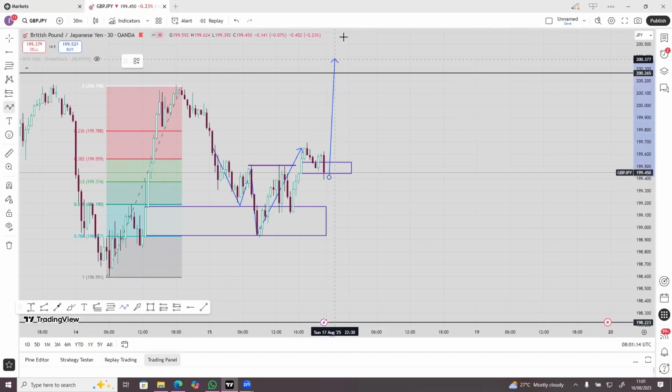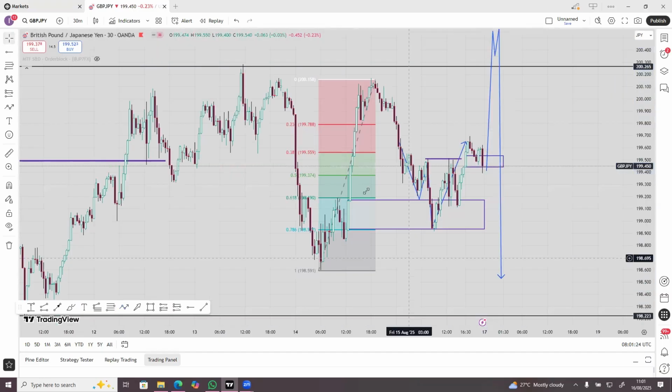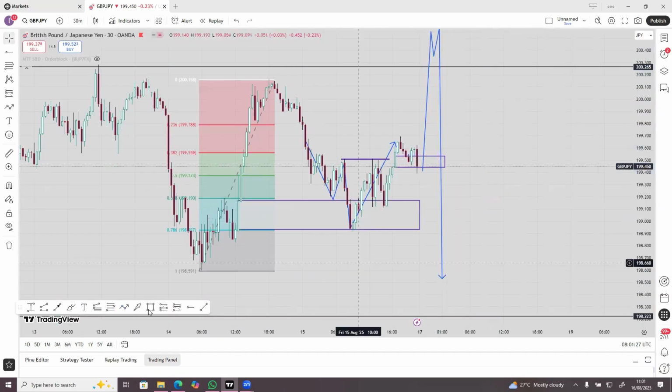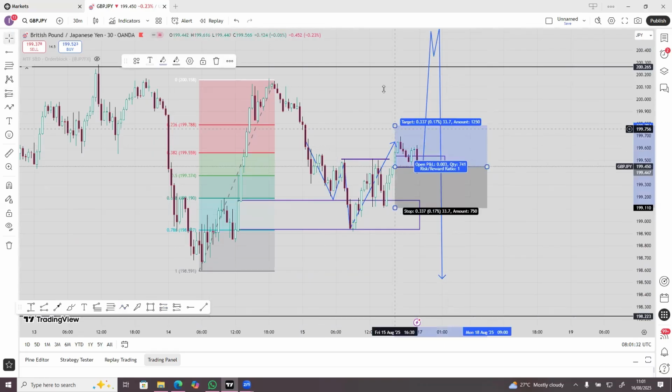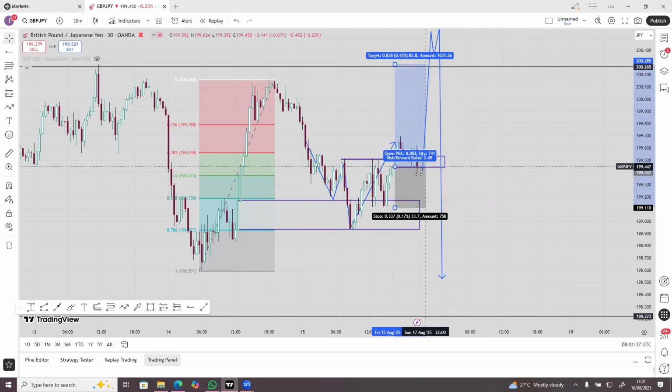Then after that we can find a reversal pattern to sell to the discount zone on the weekly. So this will be a clear movement on Monday. So we'll enter from here, and then our target will be that brown liquidity level.